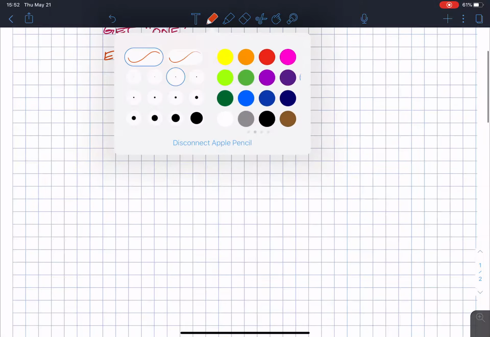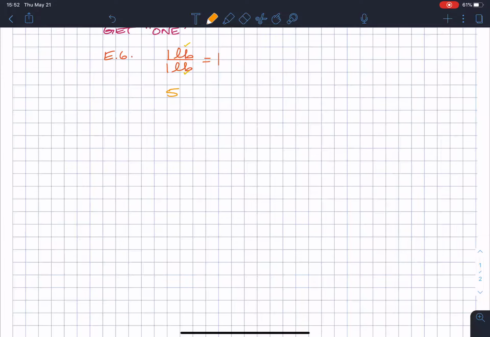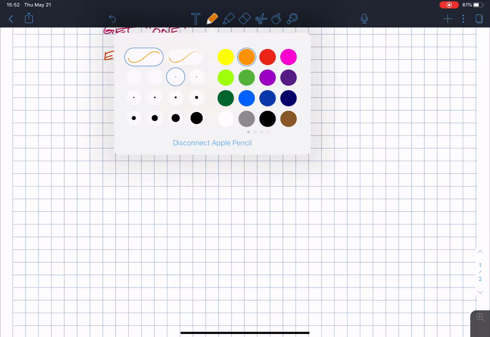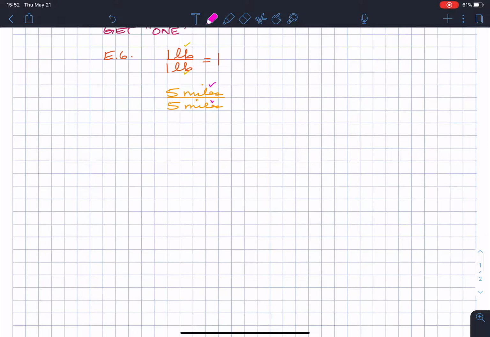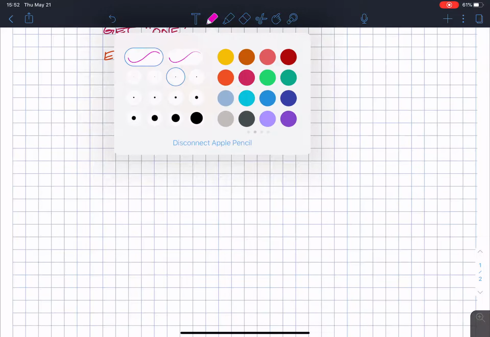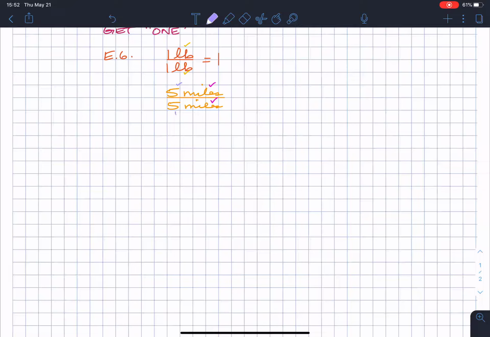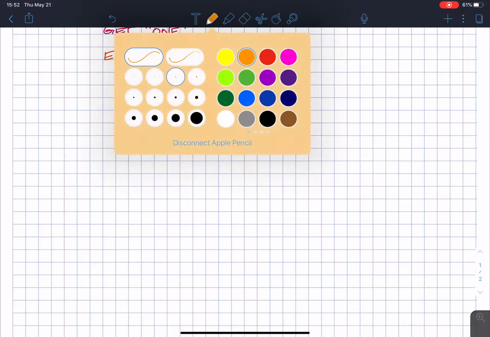Another example would be, say, 5 miles divided by 5 miles. Once again, the units of miles reduce, as does 5 over 5. So anything divided by itself gives us just 1.